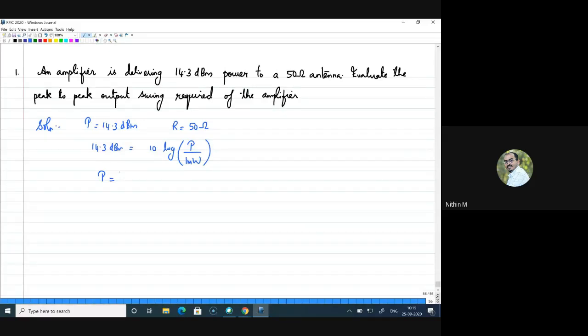Yes, you can find the power, and from that power, the RMS value. So this power is equal to VRMS square by R. If you know the power value and resistance value, you can get the VRMS value, and from VRMS you can get V peak to peak. That is the peak to peak output swing.